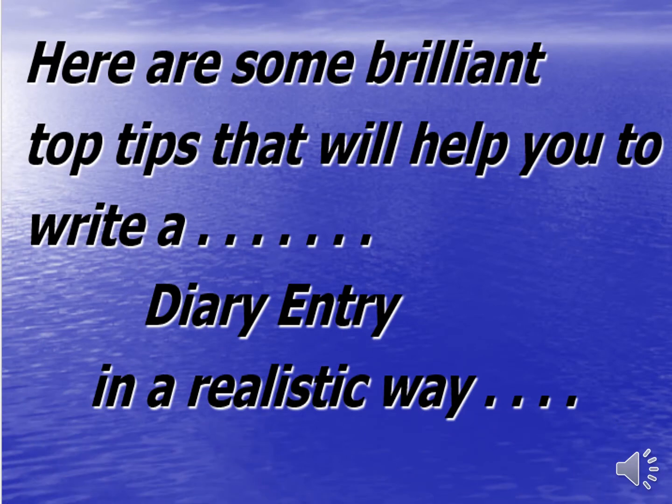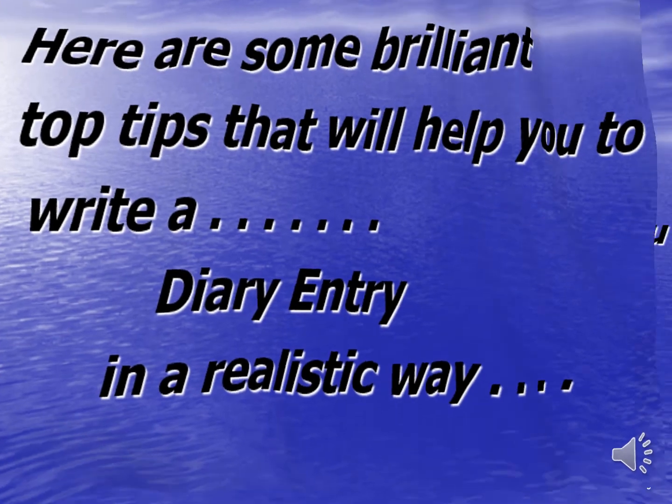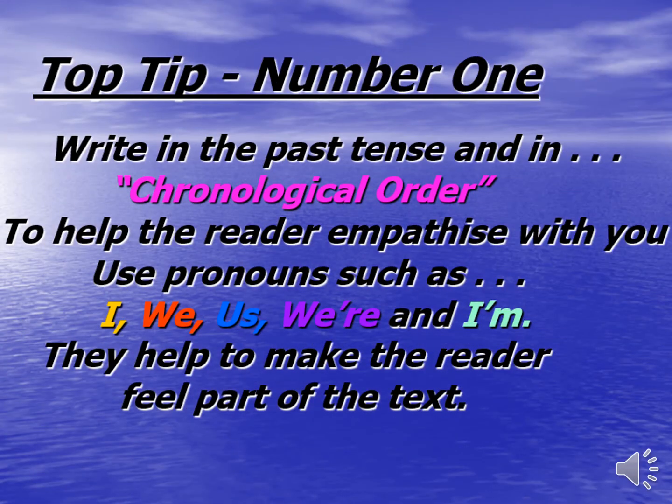Here are some brilliant top tips that will help you to write a diary entry in a realistic way. 1. Write in the past tense and in chronological order. To help the reader empathize with you, use pronouns such as I, we, us, we're, and I'm.